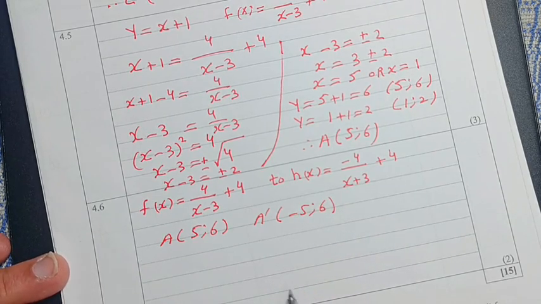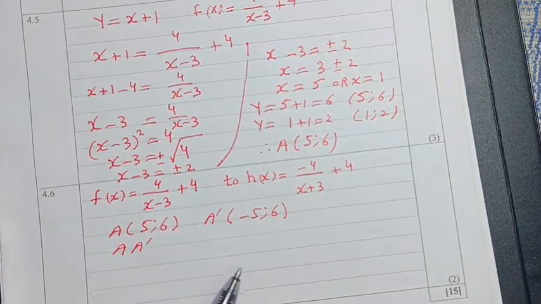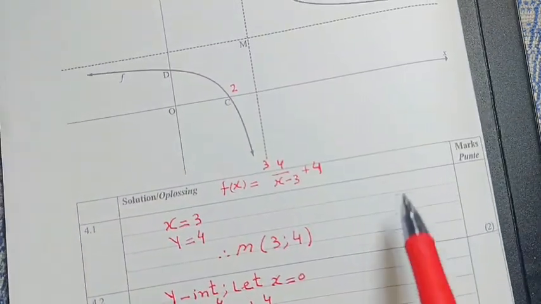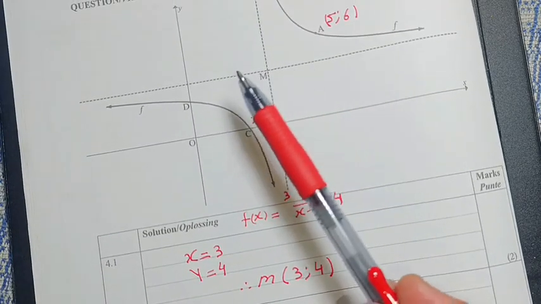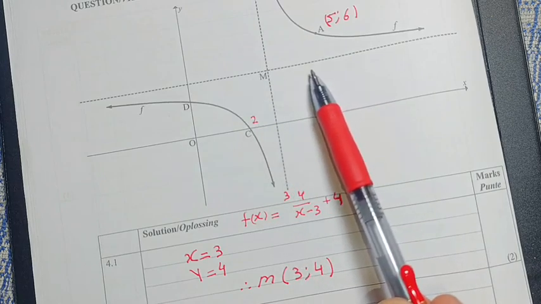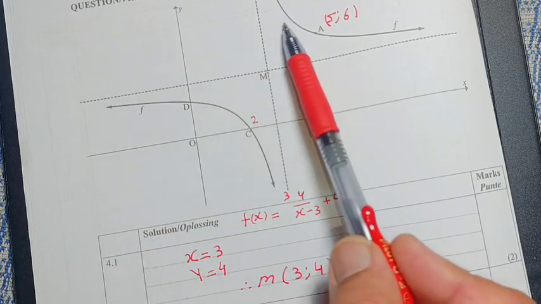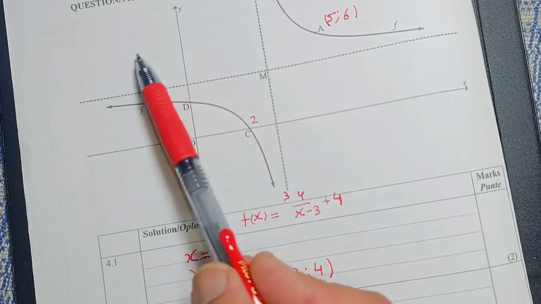Now we need to find the distance, the length of A to A prime. I can put it into the distance formula, or I can do it another way. There are two ways. You must remember this is the asymptote, y equals 4. The y value 6 is not going to change. The y value running here, 6, is horizontal.